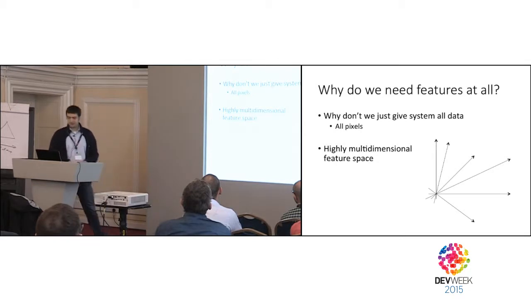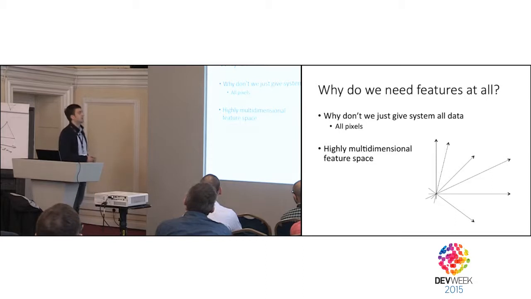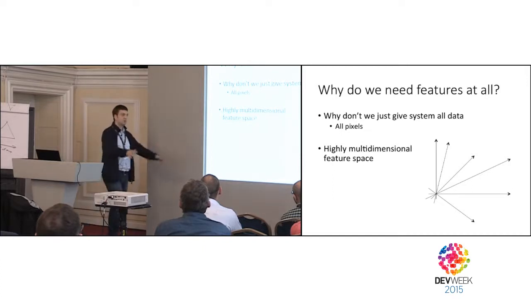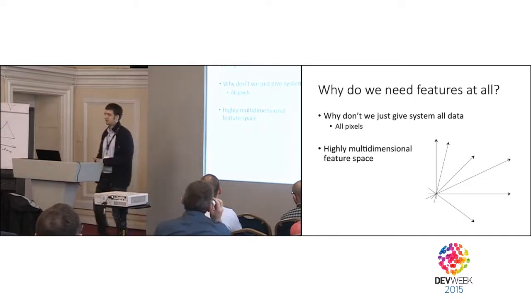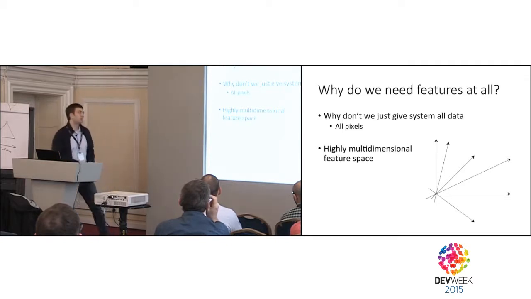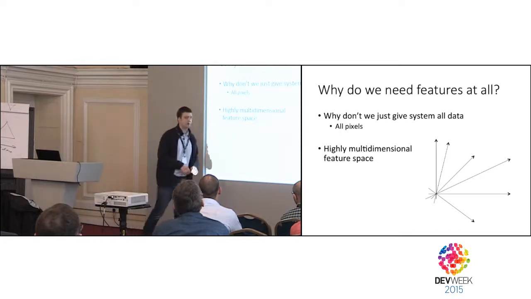To build this artificial system that extracts features, we first of all need to ask ourselves why we need features at all. Why can't we just feed the whole data from the object to the classifier, submit all pixels, all wave samples in a wave file, and so on? The problem is that in this case, we have a highly multidimensional feature space.